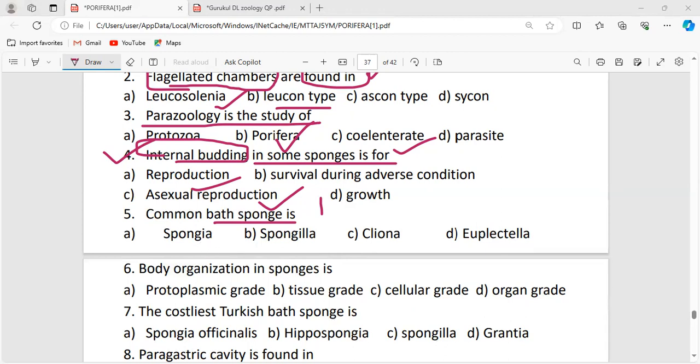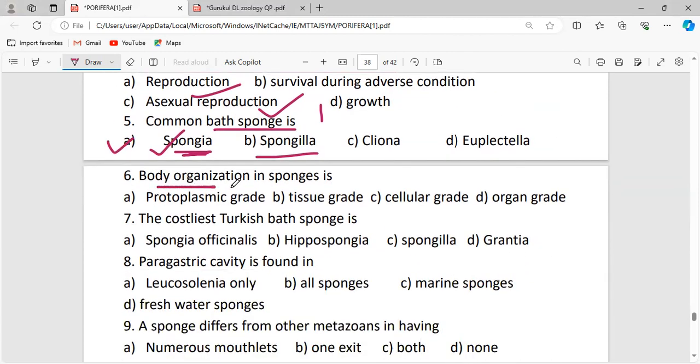The answer for common bath sponge is Spongia. Okay, don't worry, of course it is not Spongilla. The answer for this question is Spongia. Okay, and body organization in sponges is protoplasmic, tissue grade, cellular grade, or organ grade. Very good. It is a cellular grade of organization.